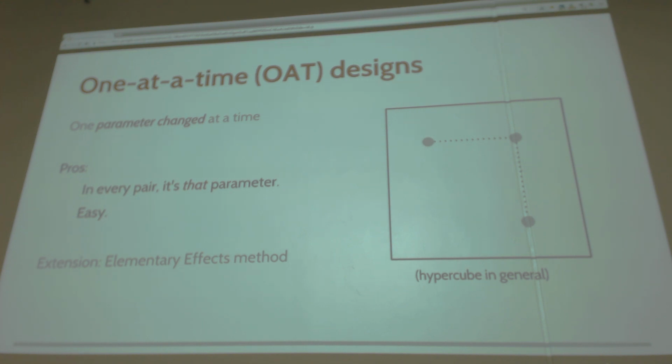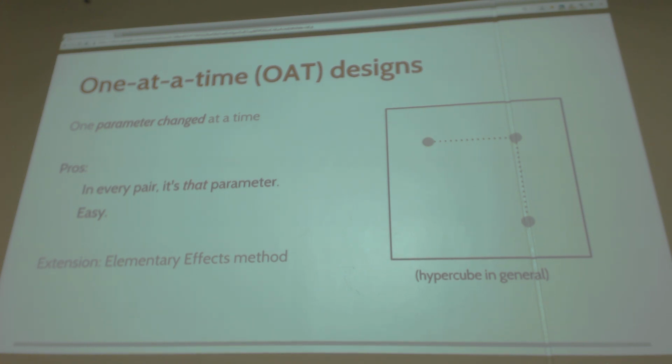The advantage of this kind of design is that if you have a pair of points that only differ by 1 parameter, then whatever differs in the results of these points, you can safely assume that it's because you changed that particular parameter. Now there's also uncertainty and noise, but that's a separate matter. The point is that other parameters are not guilty in the change in the result. And these kinds of designs are really easy to produce, obviously.